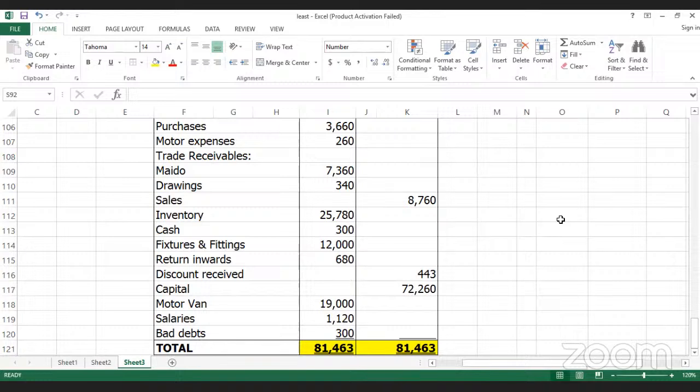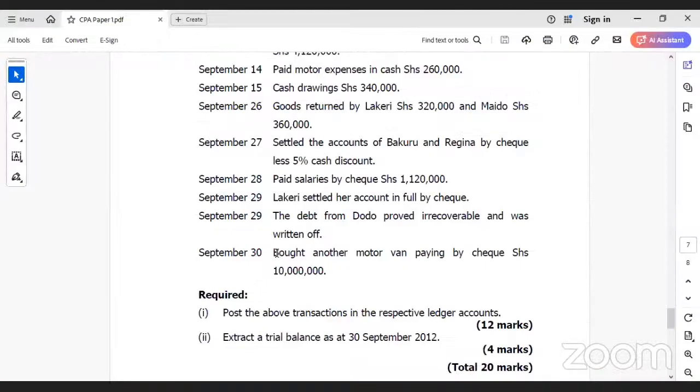For example, let me take you back to one of the transactions. Assuming I don't record the last transaction, Emma, that is the transaction on 30th, the trial balance will still balance.